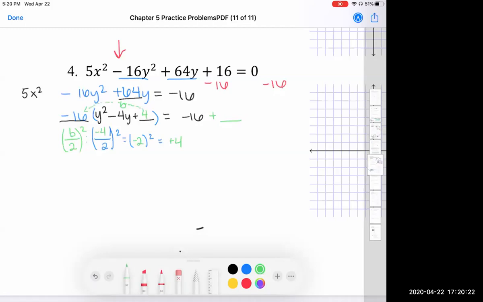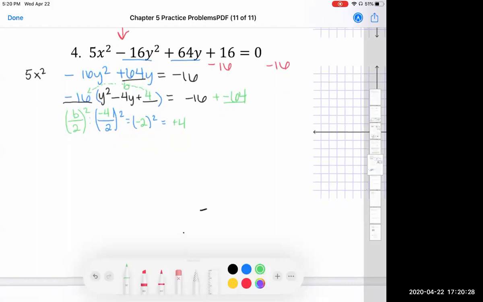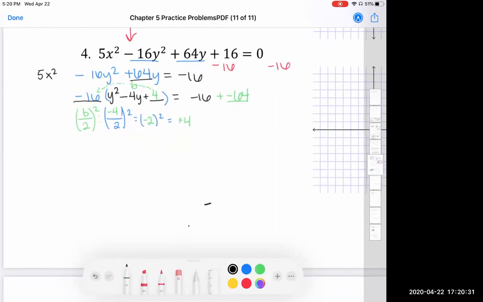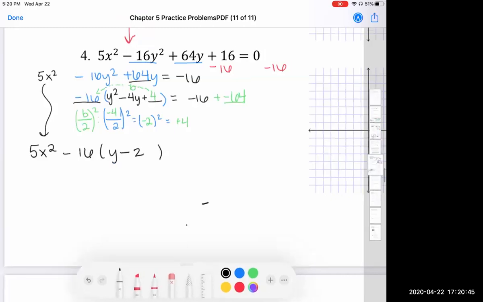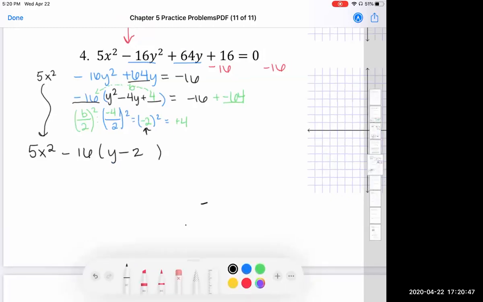So I go ahead and write minus 64. Now I'm just about done completing the square. So let's bring down our 5x squared. I have 5x squared minus 16, and that factored to be y minus 2. Remember, it's always a number before you square. Is equal to negative 16 plus negative 64. You get negative 80.